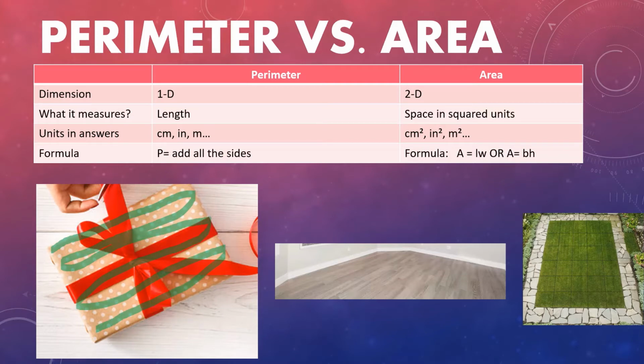But if they're asking for what is the length of the ribbon that is needed in order to wrap around this gift right here, and this is the ribbon part, as you can imagine, we can actually pull this ribbon apart and be able to measure the ribbon in one straight length like this, then that is a perimeter question.